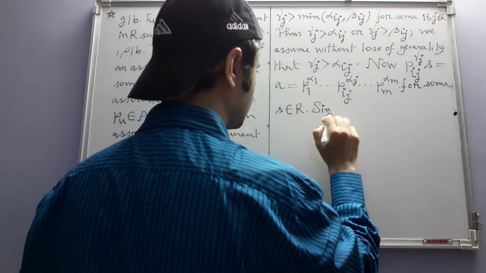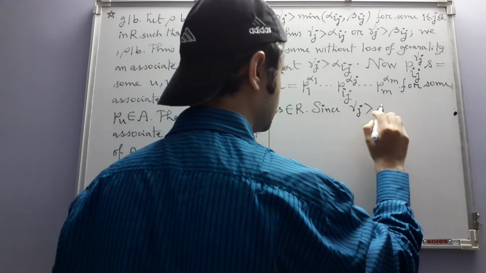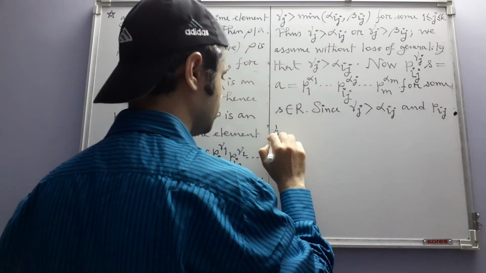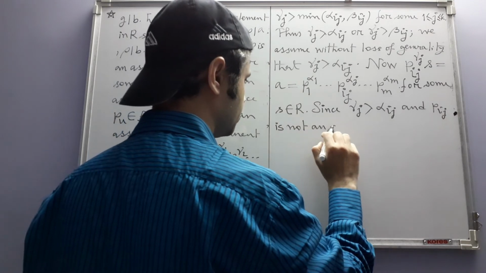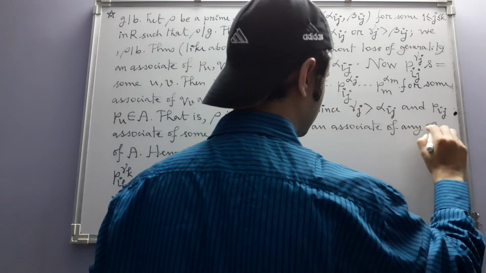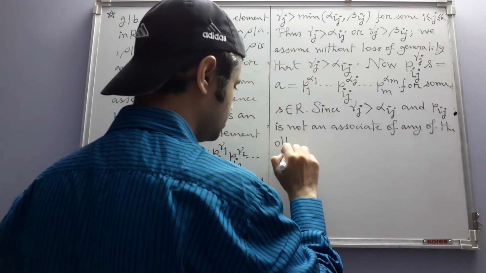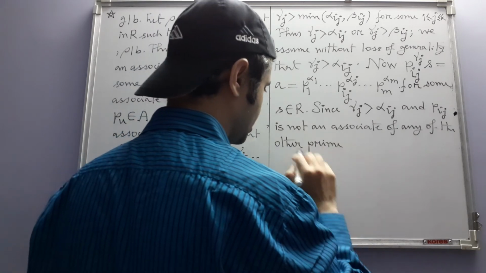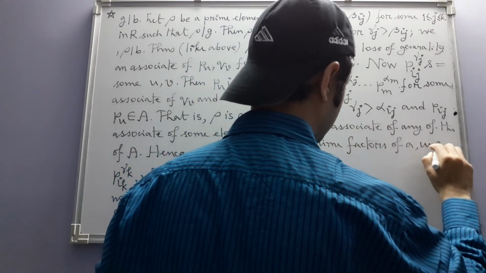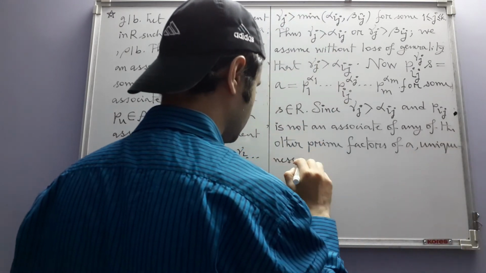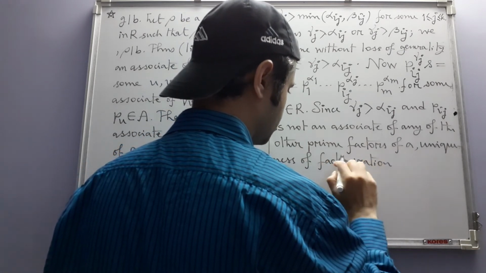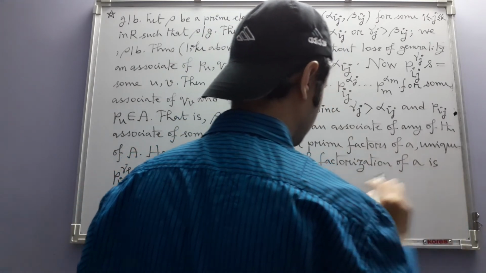Now since gamma j is greater than alpha ij, and Pij is not an associate of any of the other prime factors of A, uniqueness of factorization of A is contradicted.